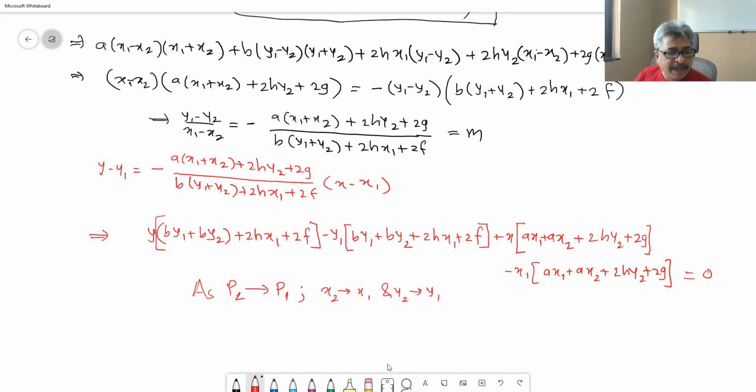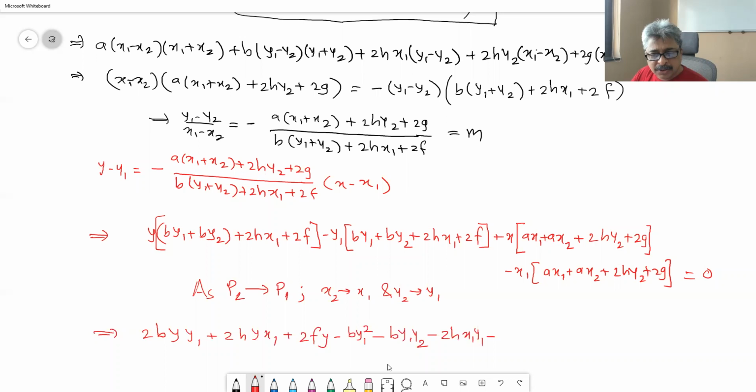So all x2, y2 can be replaced and the equation can be written as y(by1 plus 2hx1 plus 2f) minus by1 square minus 2hx1y1 minus 2fy1 plus x(2ax1...) y2 should become y1.